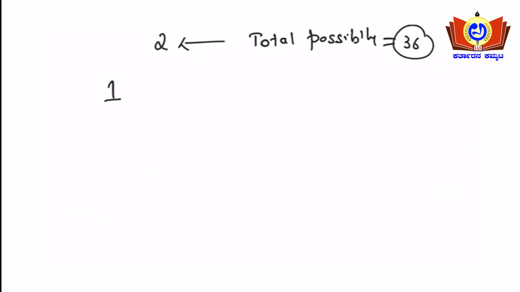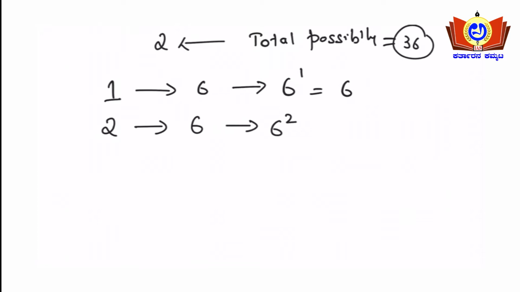If two dice are thrown, then the total number of possibilities is 36. How did I get this 36? If one dice is thrown, there are 6 different possibilities, so 6 to the power of 1 is 6. If two dice are thrown, each dice has 6 different possibilities, so 6 to the power of 2, 6 times 6 is 36.